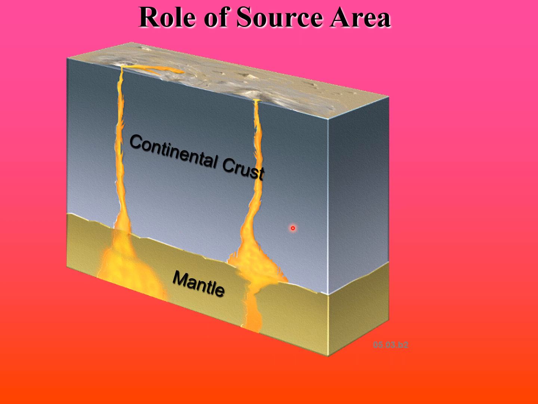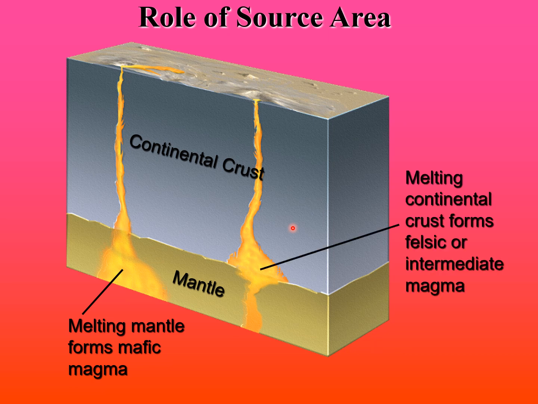So as that cools, it's going to form felsic minerals. And I've pointed that out here. So, use this as you're studying or thinking about this. Continental crust melting, you're going to get more felsic and intermediate magmas. Mantle, you're going to get more mafic magmas.